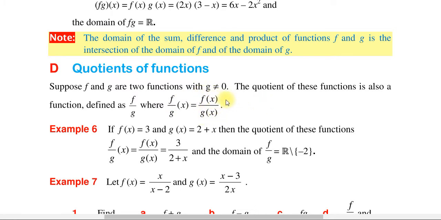Okay, f of x over g of x is also a function. For example, f of x equal to 3, g of x equal to 2 plus x, then the quotient of these functions is f over g at x, which is equal to f of x over g of x, which is equal to 3 over 2 plus x. That means we substitute the value of f of x and the value of g of x.